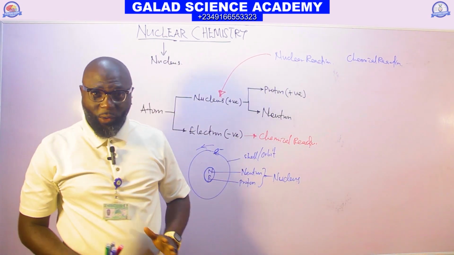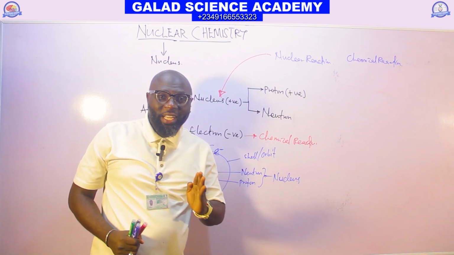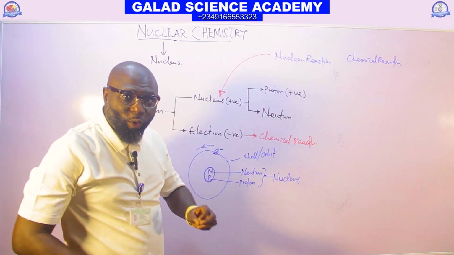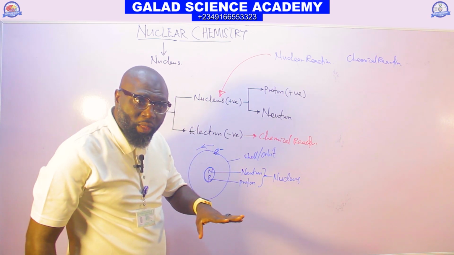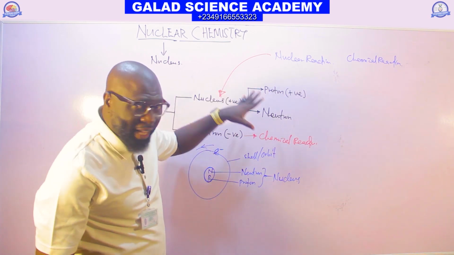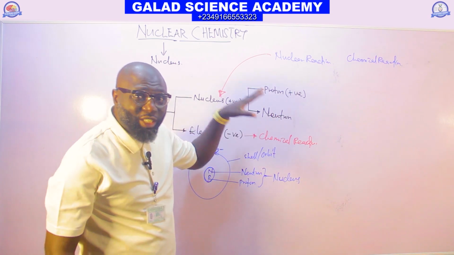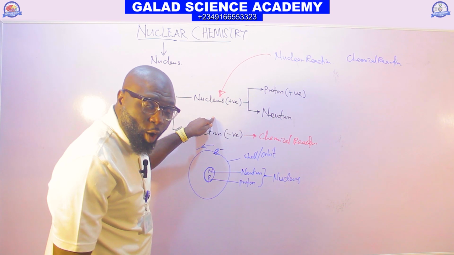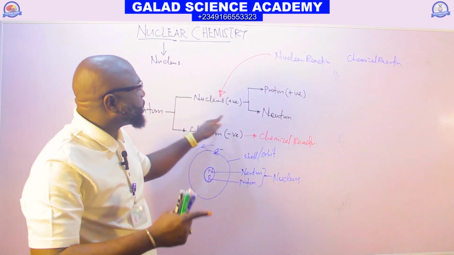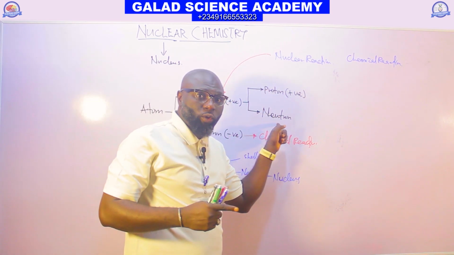I believe you are getting it now. Nuclear chemistry is the aspect of chemistry that deals with the study of processes or reactions that take place in the nucleus of an atom, or a reaction involving the proton and the neutron.